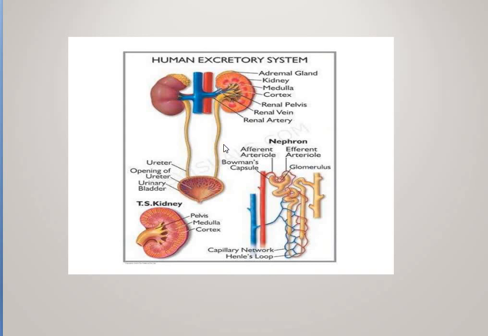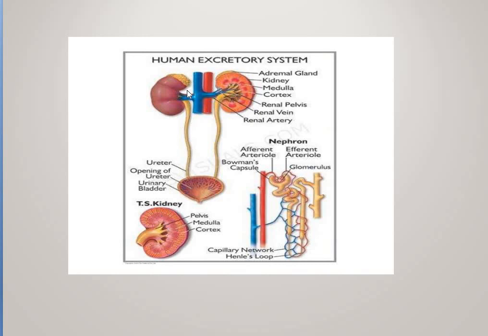From each hilum of the kidney emerges a slender whitish tube, that is your ureter, and within the kidney the ureter is expanded to form what is called the renal pelvis. Here you can see the pelvic structure, shown in this transverse section, TS of kidney.